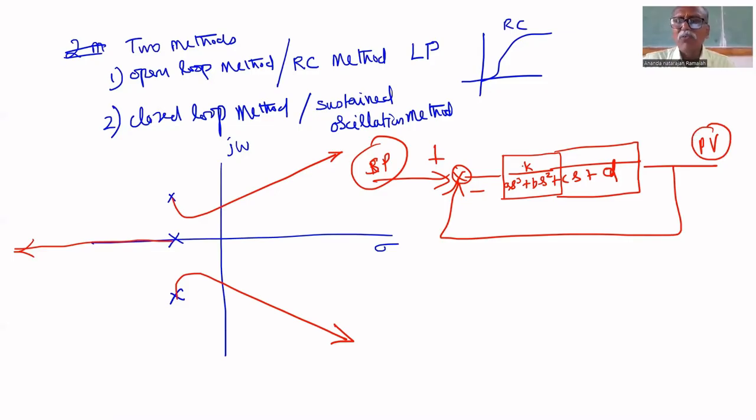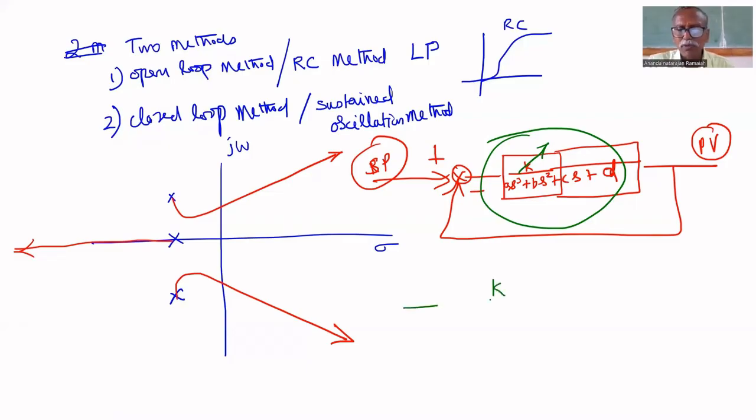Here, how did you obtain this root locus? Let us assume that for this transfer function, you got this root locus. By varying this K, you plotted the poles, because this is the open loop transfer function. In closed loop, what is the closed loop transfer function?